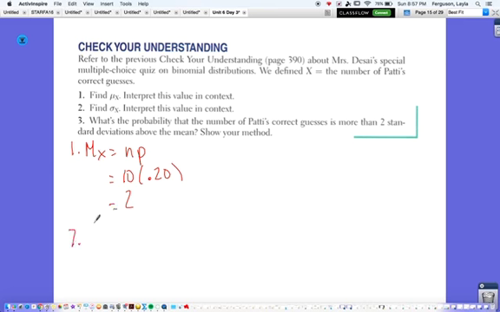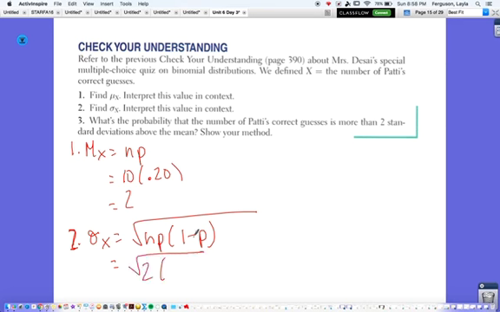Part 2 asks us to identify the standard deviation and interpret this value in context. To find the standard deviation for X, we use the formula square root of n times p times 1 minus p. We know that n times p is 2, and 1 minus p would be 0.8, so we have the square root of 2 times 0.8.